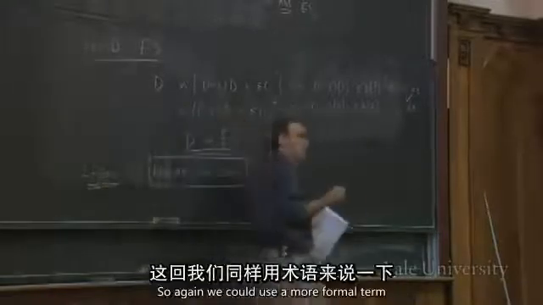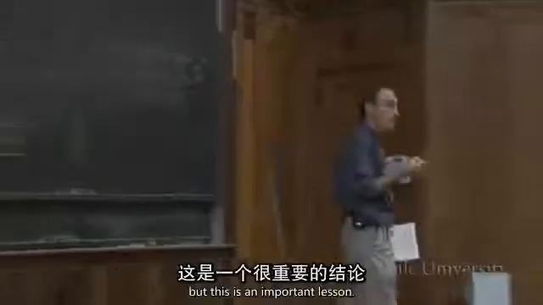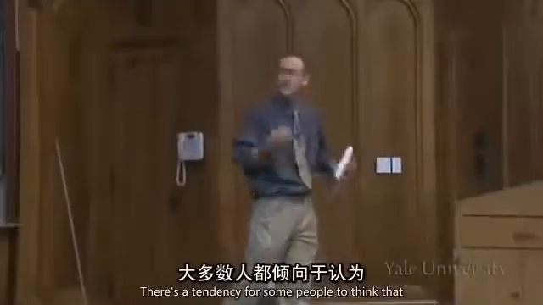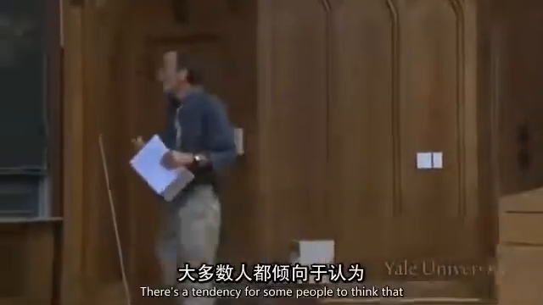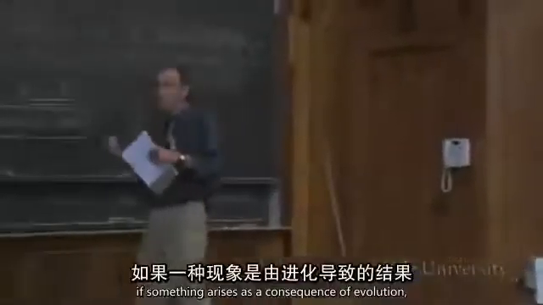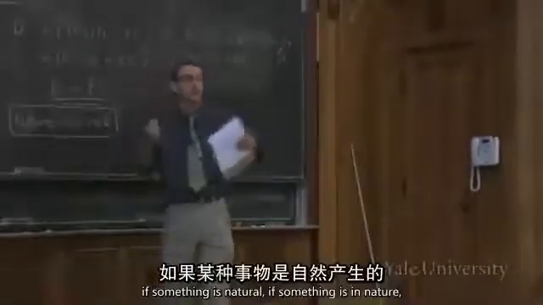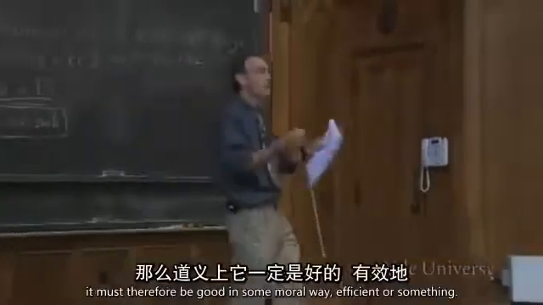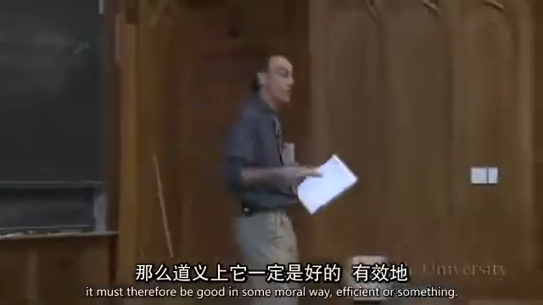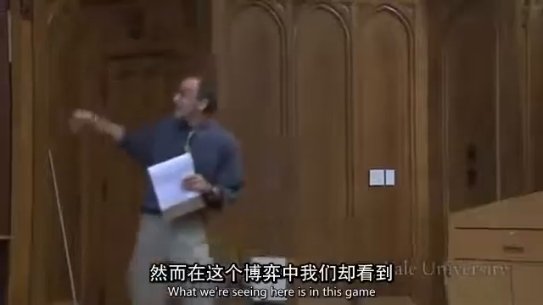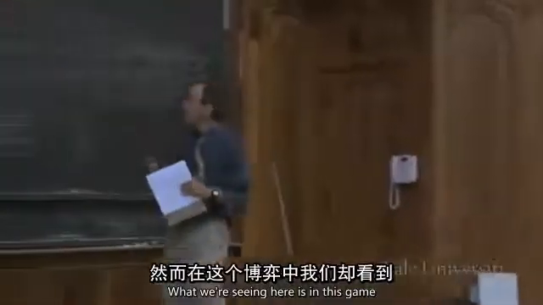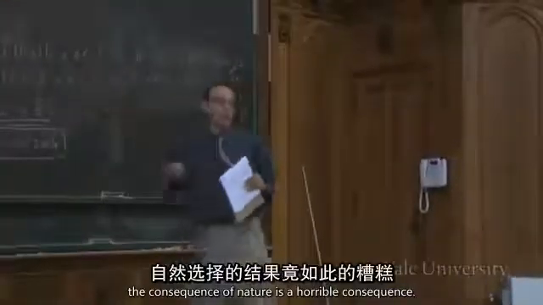We could use a more formal term, but this is an important lesson. There's a tendency for some people to think that if something arises as a consequence of evolution, if something is natural, it must therefore be good in some moral or other way, efficient or something. And what we're seeing here is in this game, the consequence of nature is a horrible consequence.